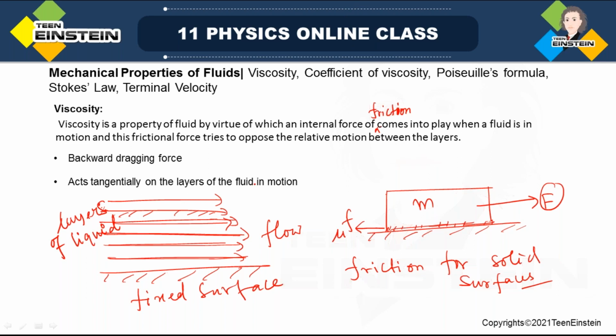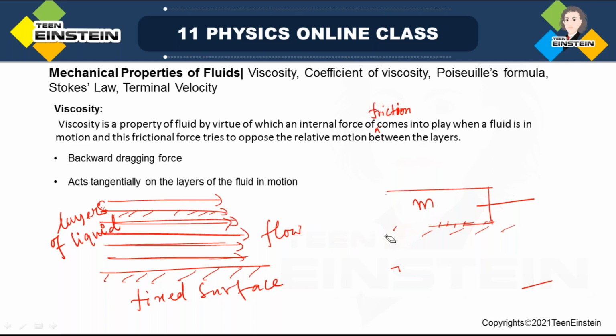So we are discussing the viscosity of fluids or liquids. We know the frictional force arising between two solid surfaces, but now we are learning that even in between the layers of fluid there is a frictional force.